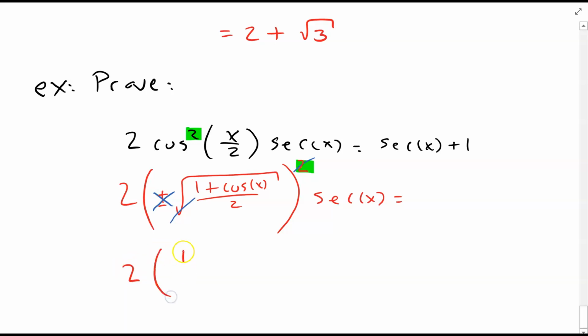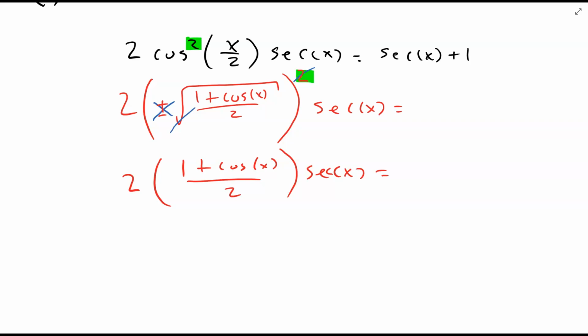So now we're going to have 2 times 1 plus cosine x all over 2 times secant x. Everybody happy so far? What do you want to do now? Yep.